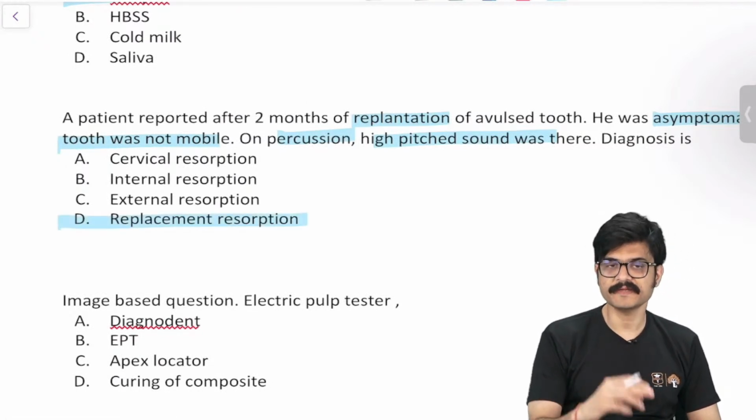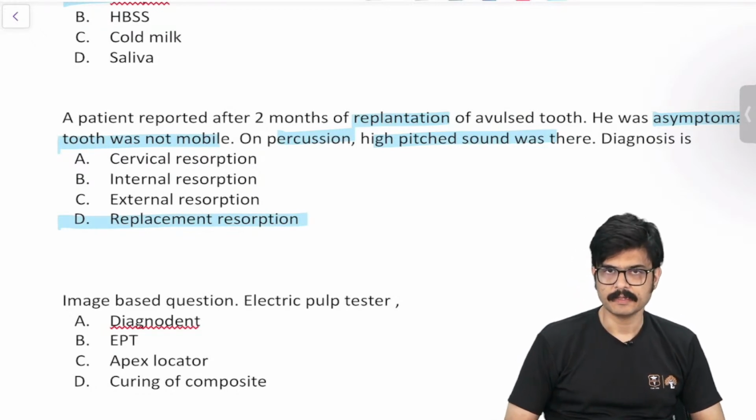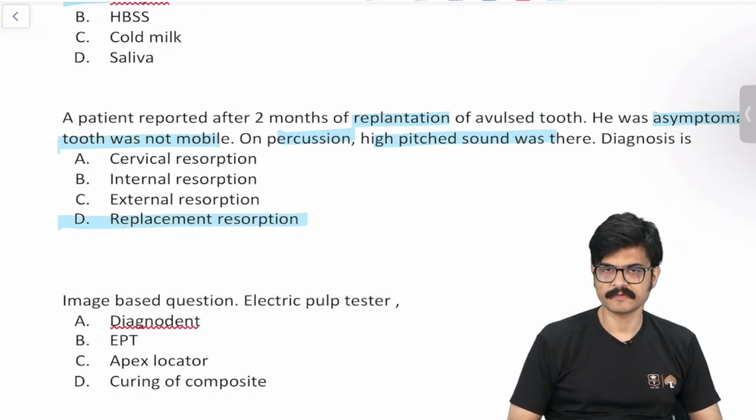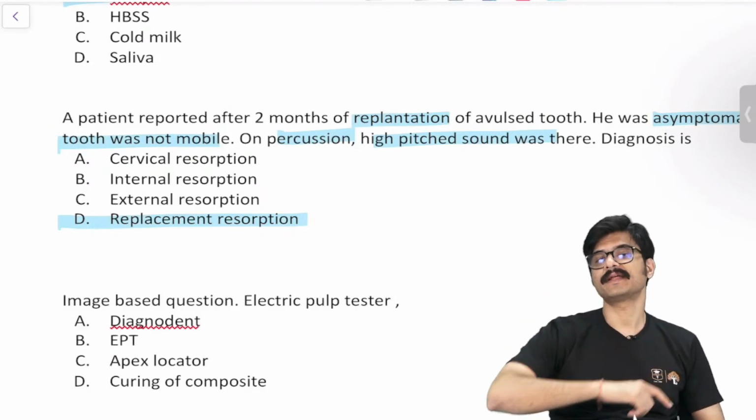Although replacement resorption takes place as a result of external resorption only, a better answer would be replacement resorption, specifically because there is a high-pitched, metallic sound on percussion. If this was not mentioned, then the answer would have been different.